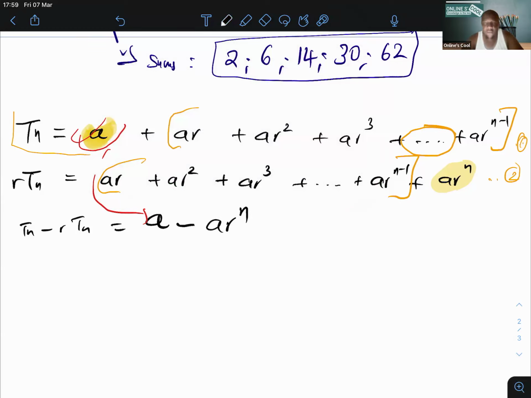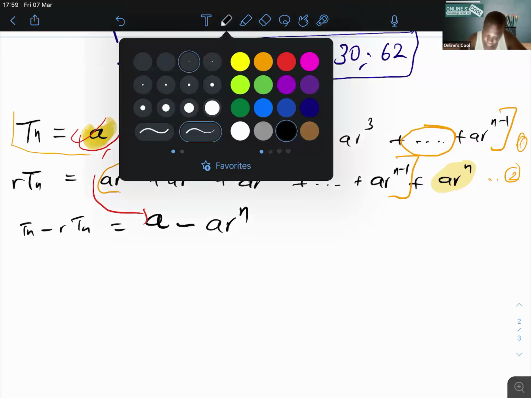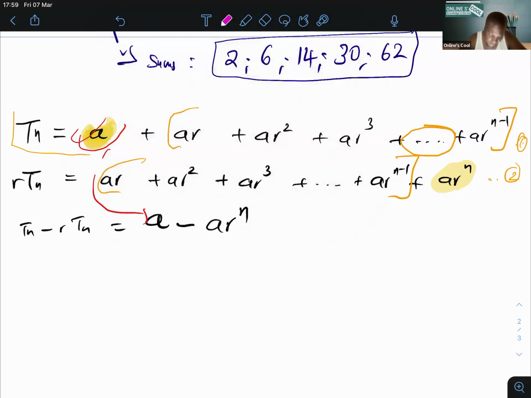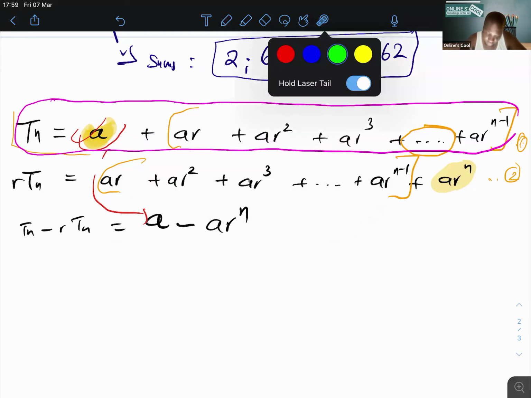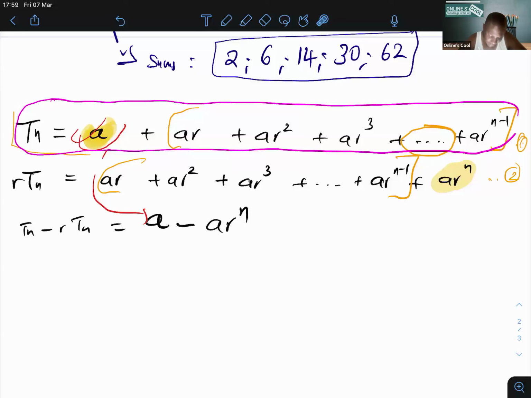ARn. Now, I've taken this complicated thing that I didn't know how many terms there were, and this is what we're trying to get to. I didn't know what n was here. I didn't know what this complicated thing is. But now I know that if I take that thing and multiply it by r, and subtract it from its original form, I will get A minus A r to the power n. So it's simplified.